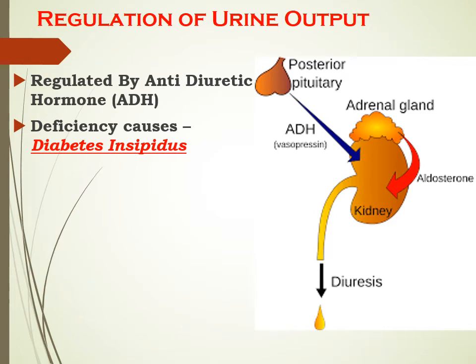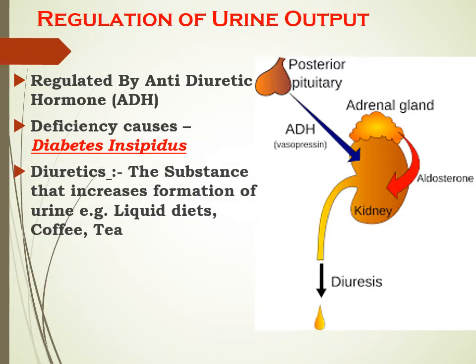Now you will be amazed how the hormone is secreted in lesser quantity. If a person consumes, I'm repeating the word, not too much but too many times, the following substances, that is liquid diets, coffee or tea, these substances are called diuretics, and they will simply block the pituitary gland, and the pituitary gland will fail to release ADH.